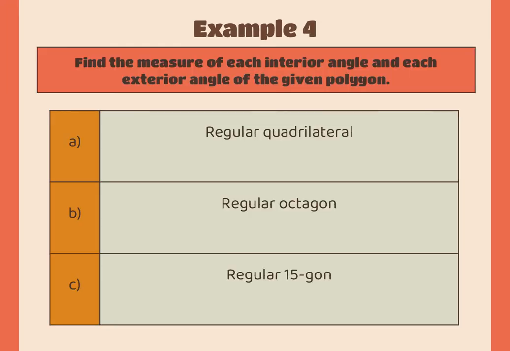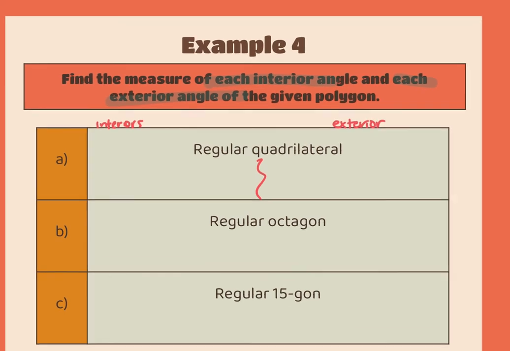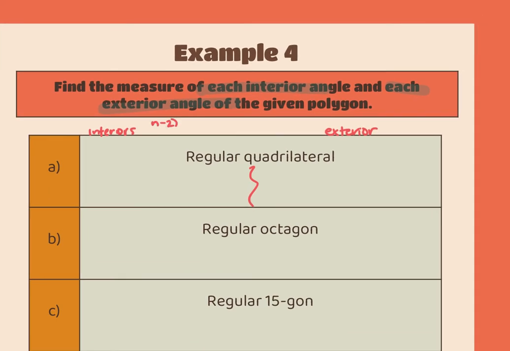And example 4 says find the measure of each interior and each exterior. So now we're taking that sum and we're dividing it by n. So for a quadrilateral, first I'll do the interiors and then the exterior. So to find each interior, I'm going to do n minus 2 times 180 over n.